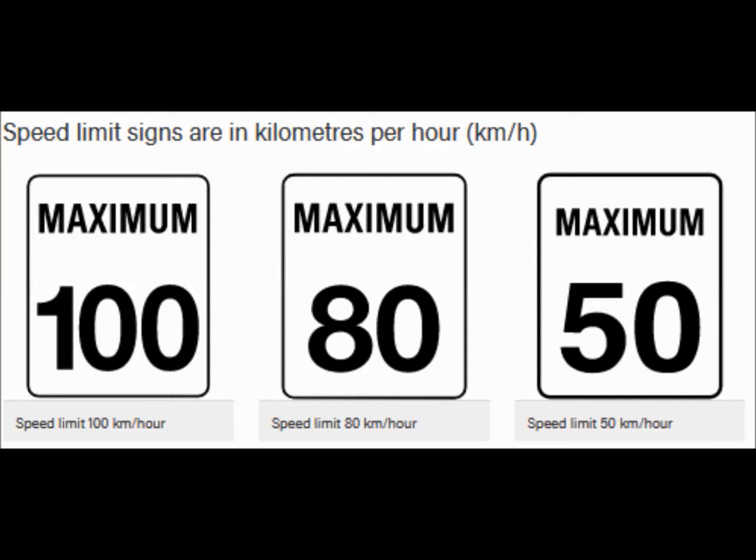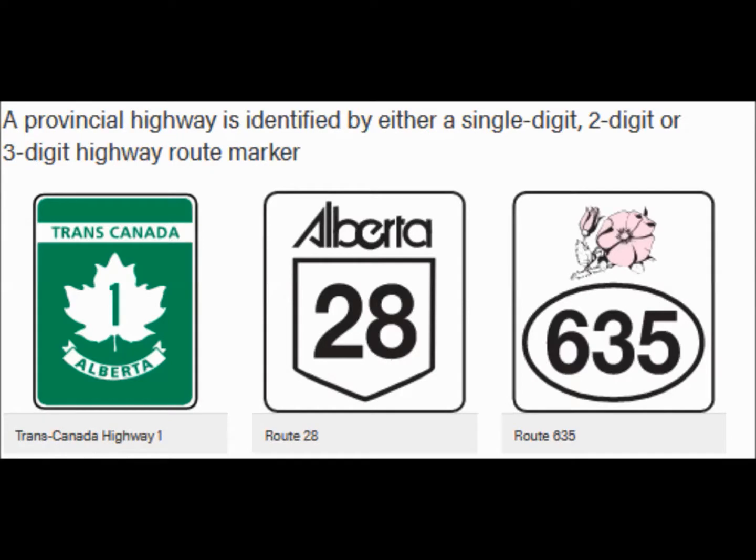Image description. A green rectangle with a white stripe and the green lettering Trans-Canada. Inside is a white maple leaf and the numeral 1. Below it is a white banner and a green lettering saying Alberta.